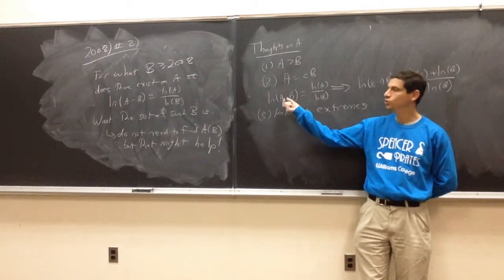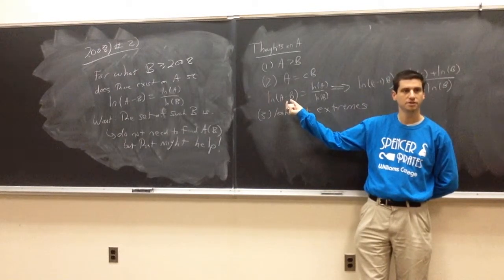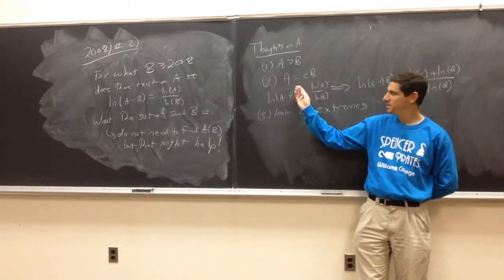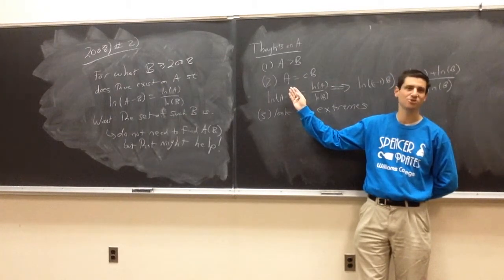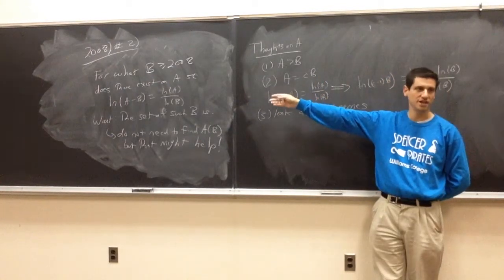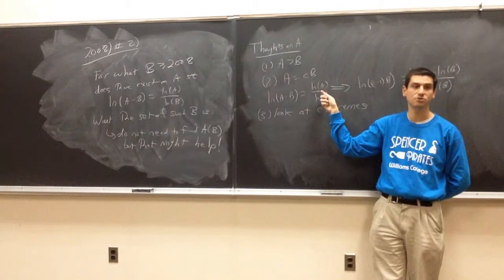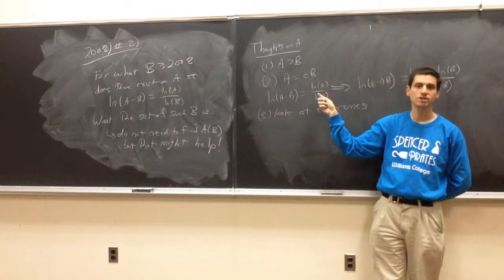So if A is enormous, let's say B is 2008 and A is the national debt, then B becomes negligible. The left-hand side is essentially the natural log of A, so we have essentially the natural log of the debt here. Over here we have the natural log of the debt divided by the natural log of 2008. What can you tell me about the natural log of 2008?